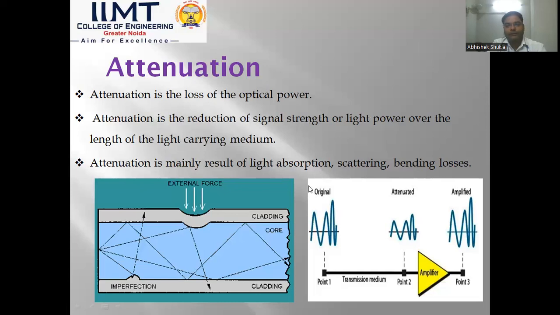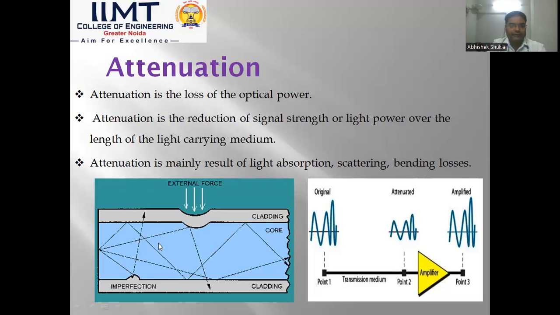Light absorbing means light is absorbed at some interface, the core-cladding interface. Scattering and bending loss are also there. For bending loss, you can see from the picture that due to some physical pressure or other things, an external force is applied.